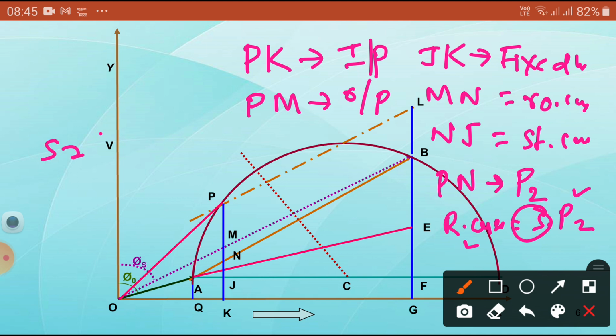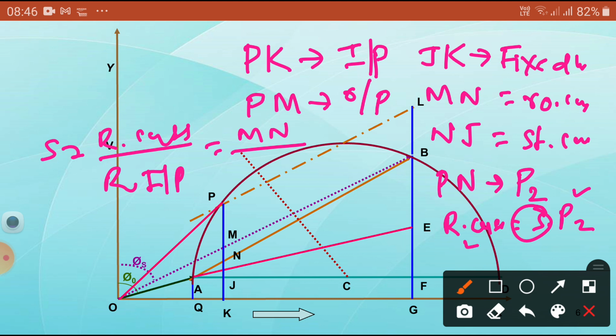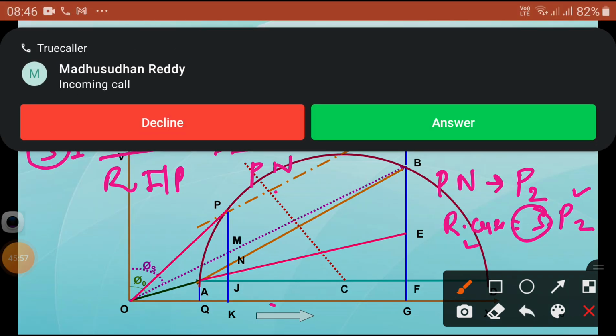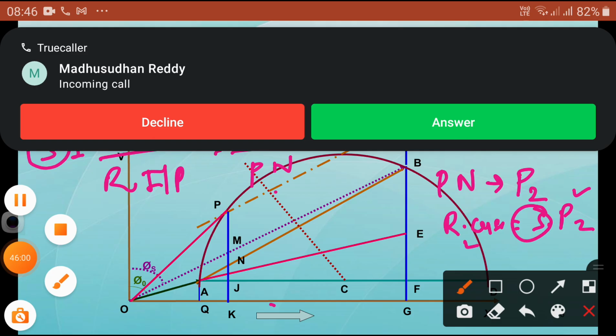Slip is equal to rotor copper loss by rotor input. The rotor copper loss is MN and the rotor input is Pn, so from that I get S. If you know S, I can calculate the rotor speed N, which is equal to (1 minus S) into Ns. So this is the formula.